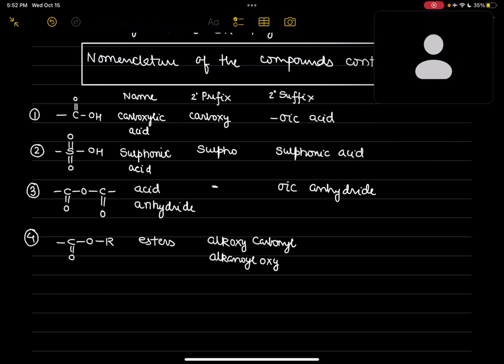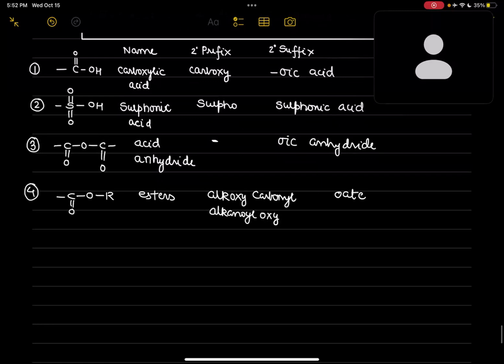But the first duty is to remember the suffix, that is oate. Okay. I will explain how to apply it. Okay, so don't worry about it.